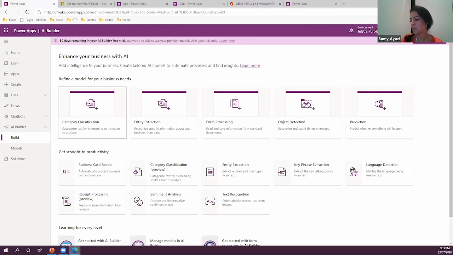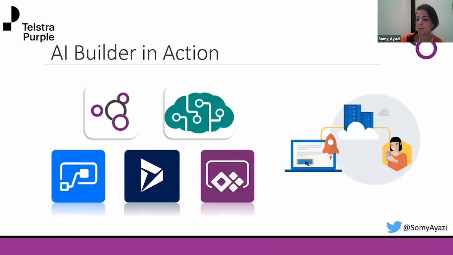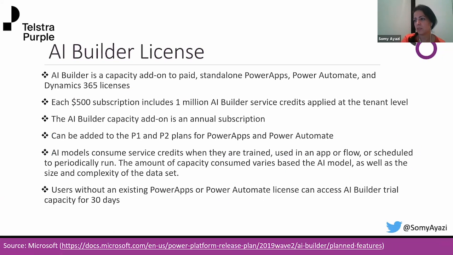I'm just going to dive back to the presentation. If there are no other questions around AI Builder, I'll talk about the licensing, and then I will jump into the cognitive services. I briefly mentioned that you get a 30-day trial.